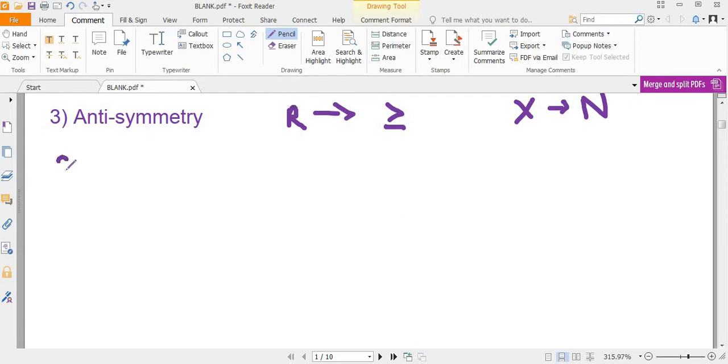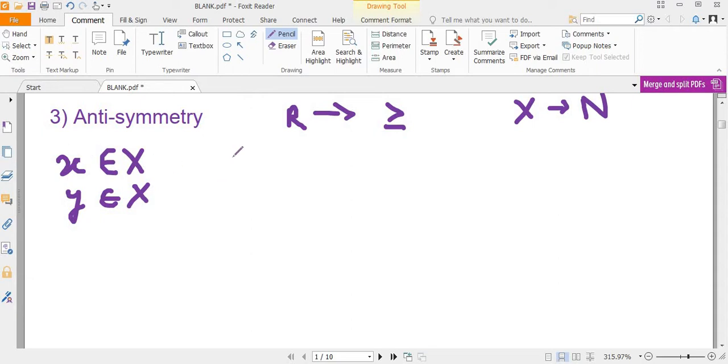Suppose you find a particular element small x belonging to the set of capital X. So you take any small x element from this set of capital X or the set of natural numbers, and also you take another element y belonging to the same set, but they are two different elements. That is why I am denoting one as small x and the other element as y.